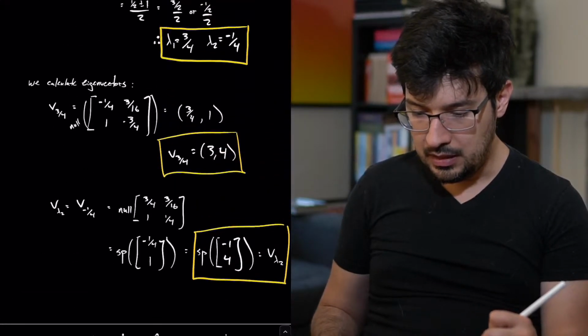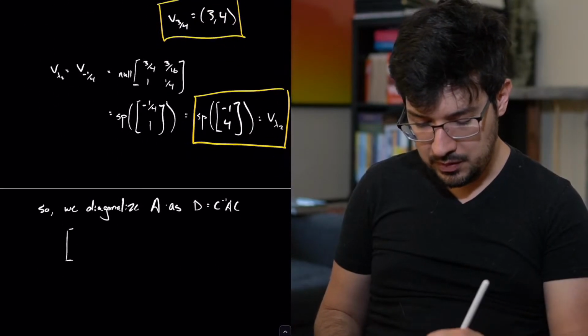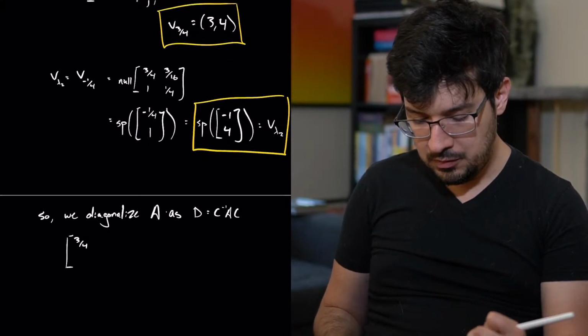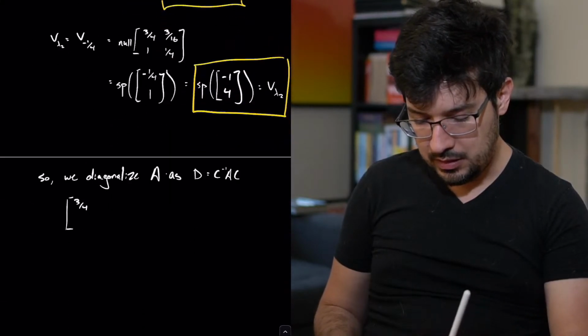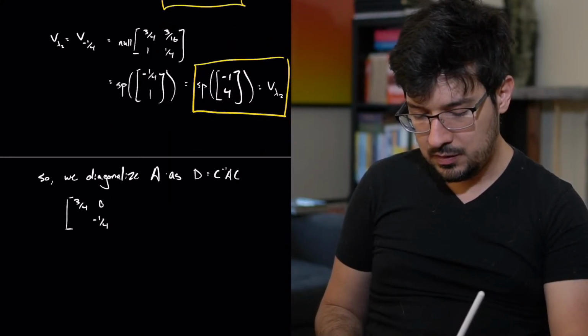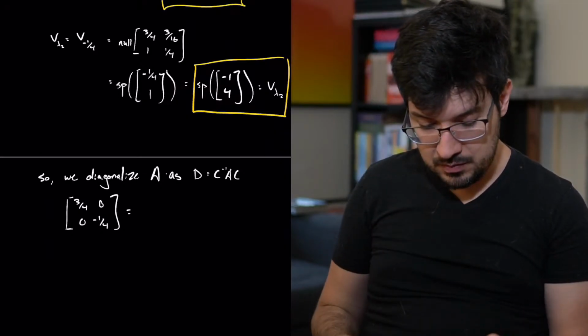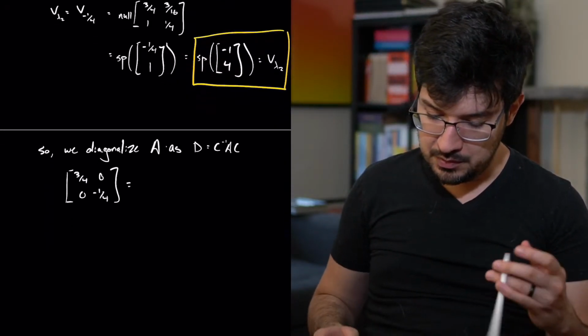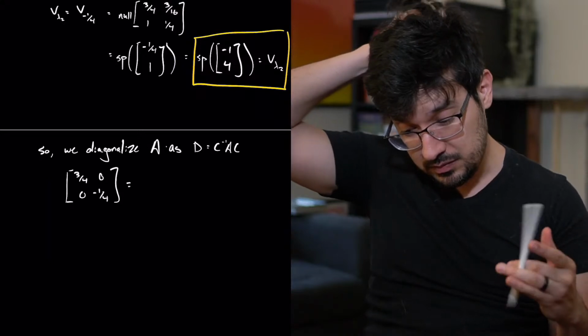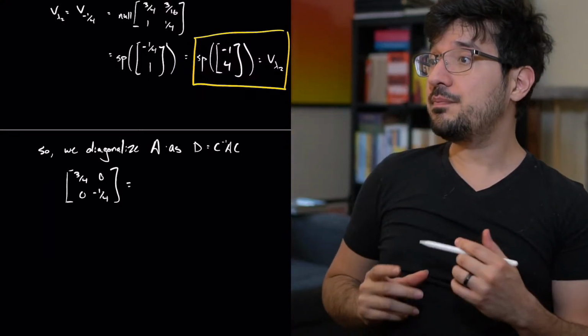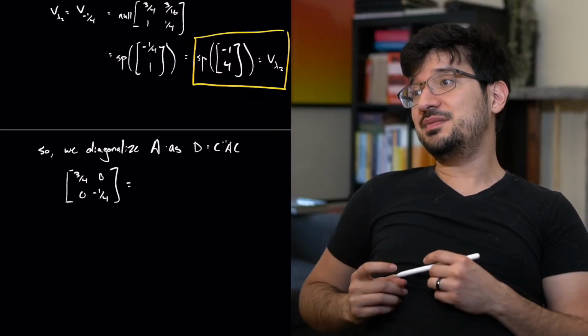D is 3/4 and negative 1/4. There. I don't want to compute C inverse, I don't think. Can I avoid that?